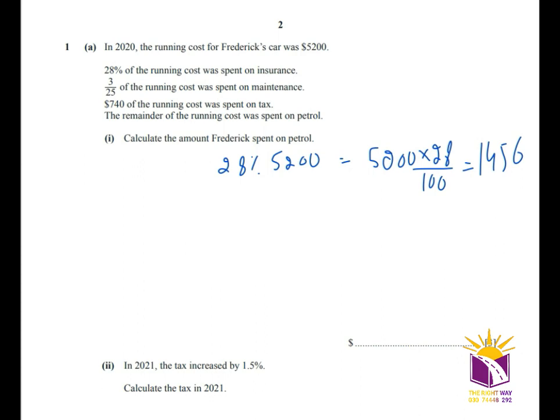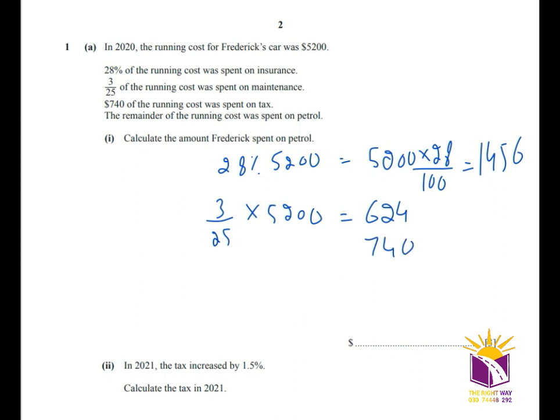Now 3 by 25 was on the maintenance. So 3 by 25 multiplied by 5200 is 3 multiplied by 5200 divided by 25, which equals 624. So the maintenance cost is $624, and $740 was spent on tax.